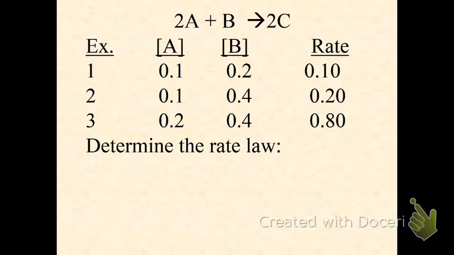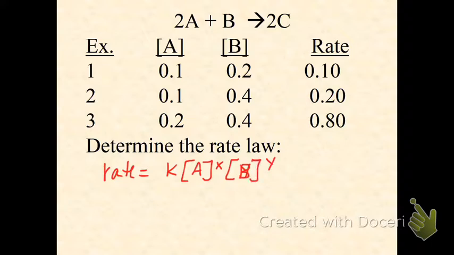Remember, our rate law looks like this. Rate equals k[A]^x[B]^y. And what are we going to be solving? First of all, we're going to solve for that little x. We're going to use experiments 2 and 3. 3 is bigger, so I'm going to put it on top.